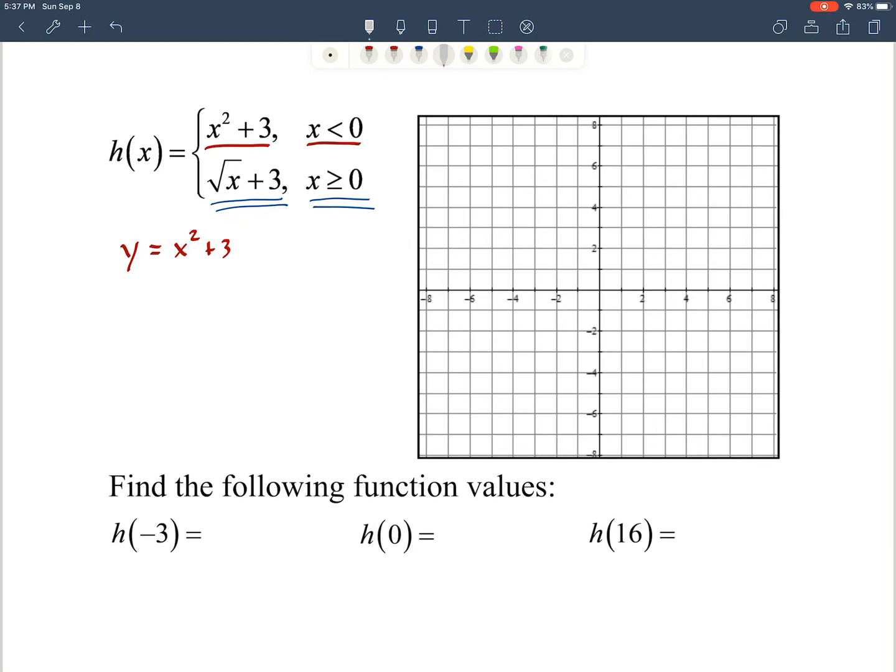Let's just go ahead here and put our vertex there at 0, 3. We go right 1, up 1, right 2, up 1, 2, 3, 4. And then if you think about it, I am plotting the whole thing on there, but the only part of it that we're going to use here will end up being that left side of it, right?